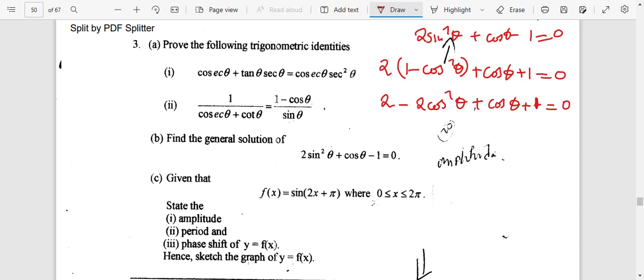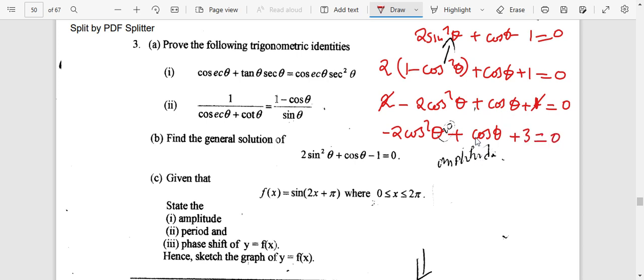Is this okay? Are we okay at this stage? Alright, and then we can add like terms. This 2 plus 1, that is going to give us a 3. So we're going to have negative 2 cos squared theta plus cos theta plus 3 being equal to 0.